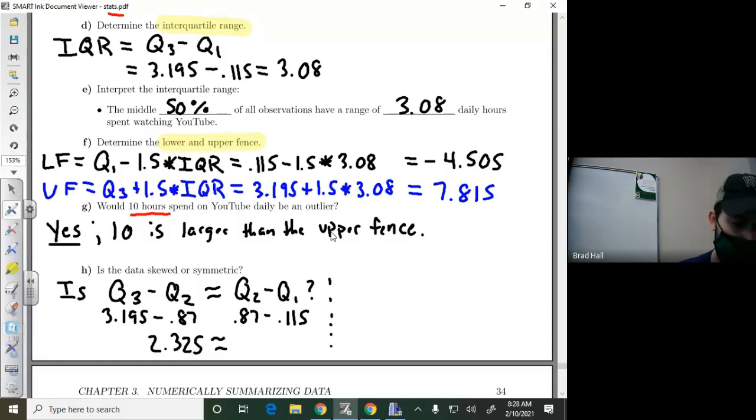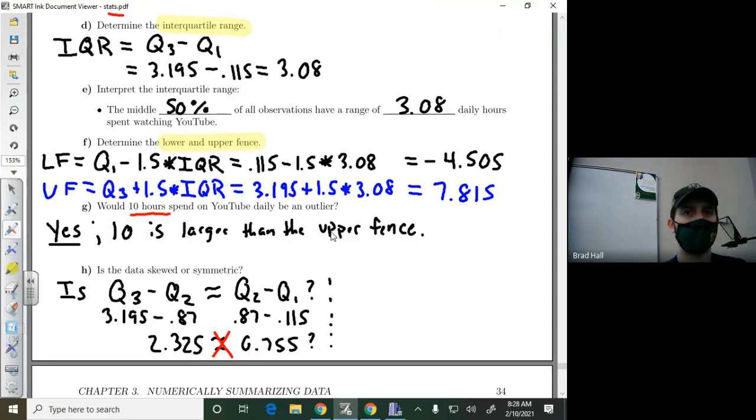Is this approximate to 0.87 minus 0.115? The answer is no. So are these two approximate? No. One is, of course, much larger than the other one. The smaller one is going to be the direction of the tail.